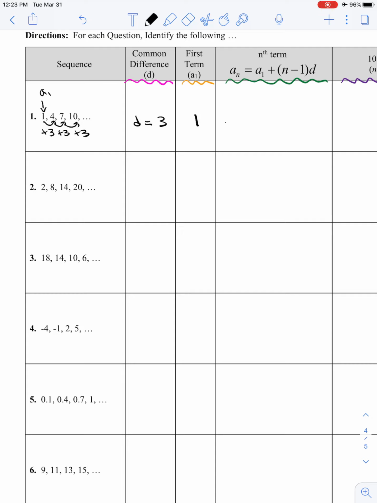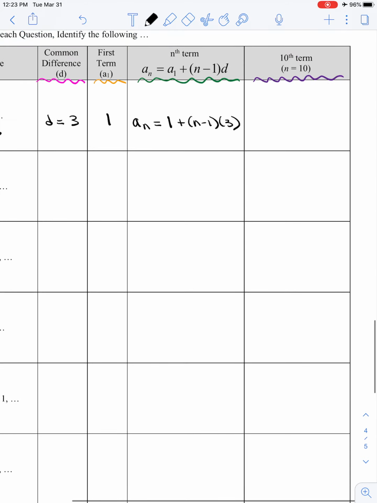So to write my equation, I have a sub n equals a sub 1, which is a 1, plus n minus 1 times my common difference of a 3. And if you want to, you can multiply it out, but you don't have to. For the last part, you want to plug in a 10 for n. So a sub 10 equals 1 plus 10 minus 1 times 3.